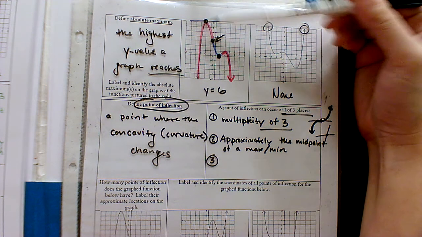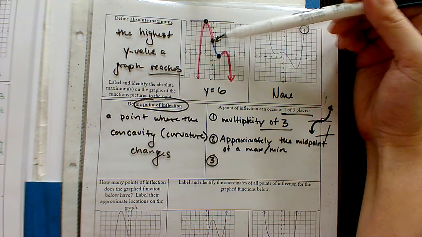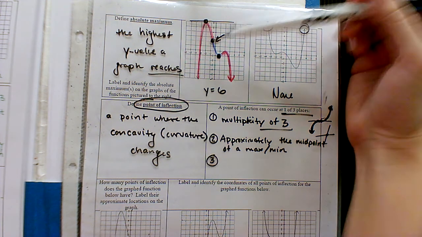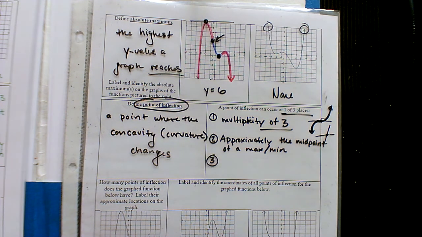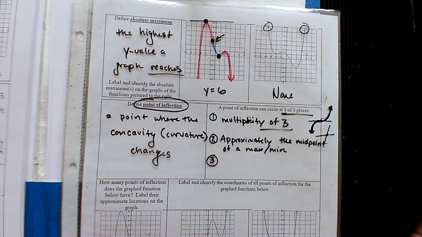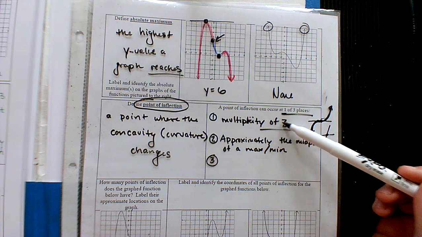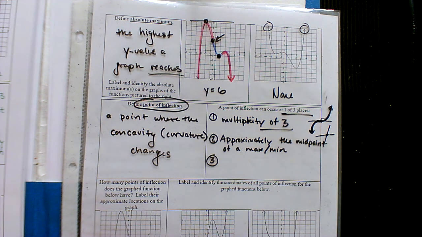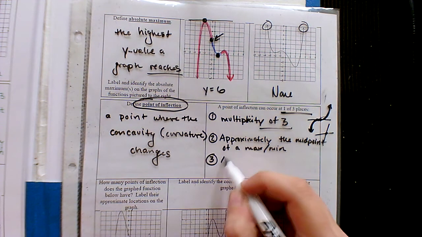So if we can identify where we have relative maxes and mins, which we just practiced, by the way, we can figure out where the middle of that is by doing a little calculation or a little thinking. So the midpoint of a max and a min is another spot where the curvature can change. I think we're okay with these 2. The third place is kind of a merger of these 2 possibilities.